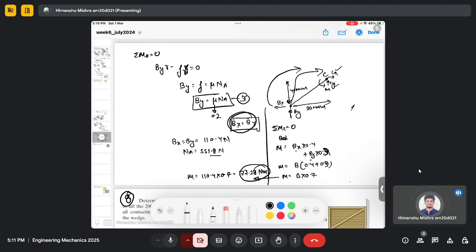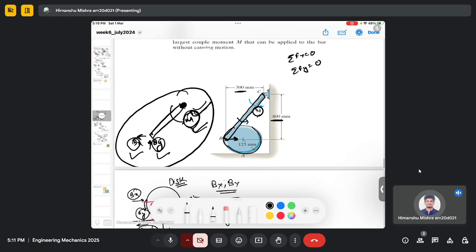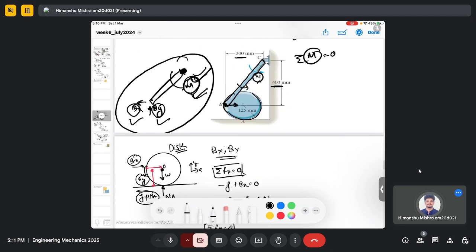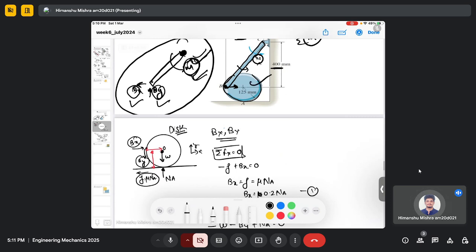So just to recap, we need to find the moment M in this problem, and in order to find this moment M, we should use the summation of moment equation. To do that, I need to consider the reaction forces Bx and By. So I separated this problem into a disk and a rod.